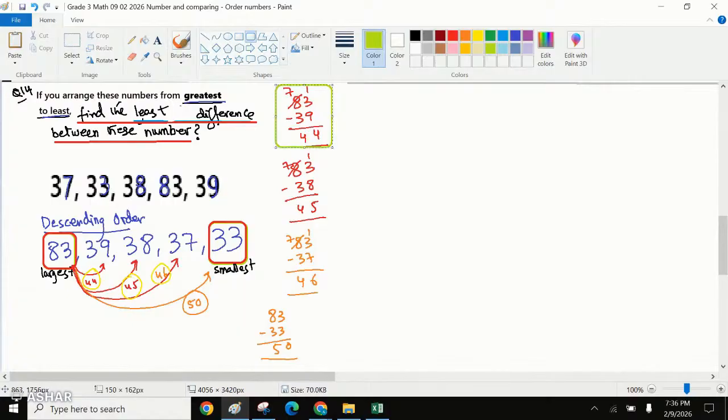So what we see over here is this, this, this. So which values have the least difference in this case? Smallest. Least means smallest difference.